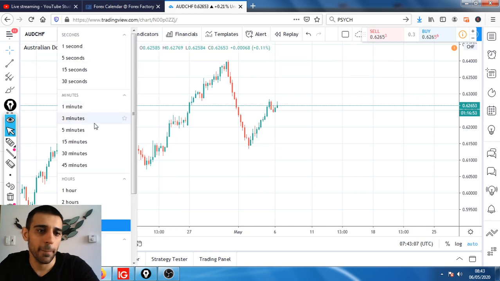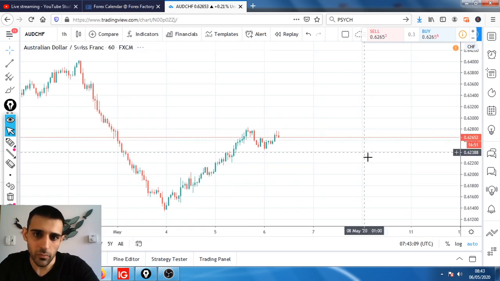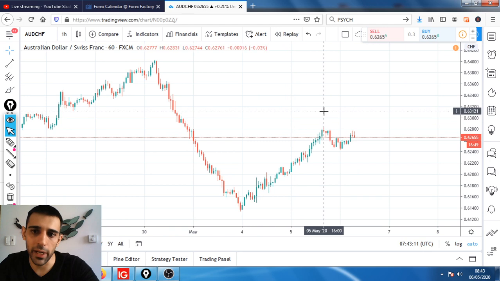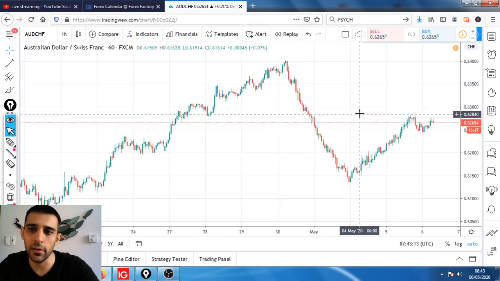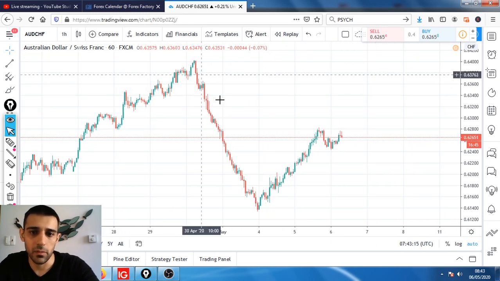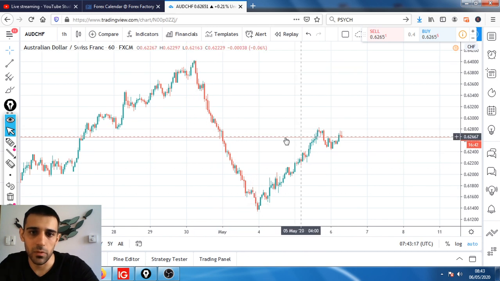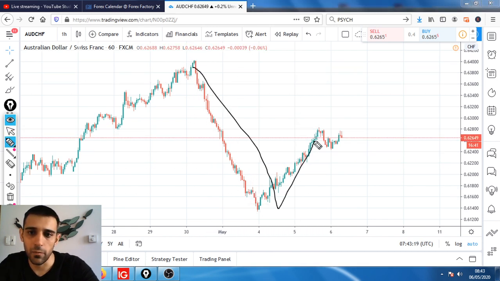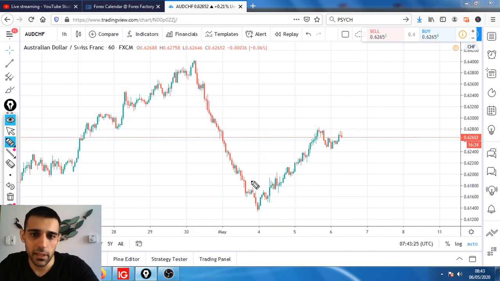I think this is more like a sit-and-wait currency as well. We have these big moves, and we have this kind of V shape in here. I don't particularly like it when I see it.